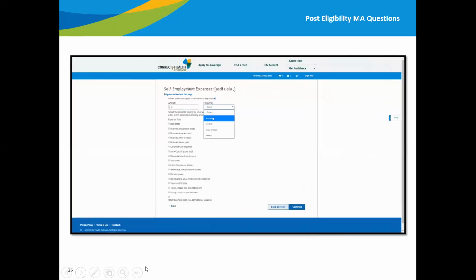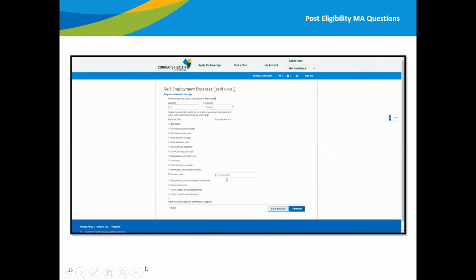For filling out self-employment information for individuals who might be eligible for Medicaid, they still need to list out the itemized expenses on the application, and this information will then be data entered into CBMS.